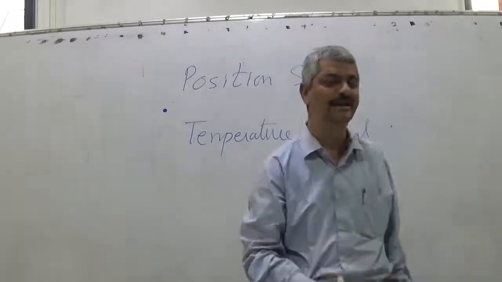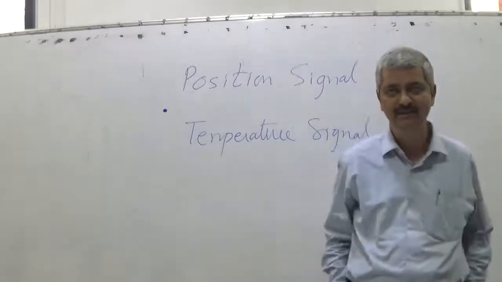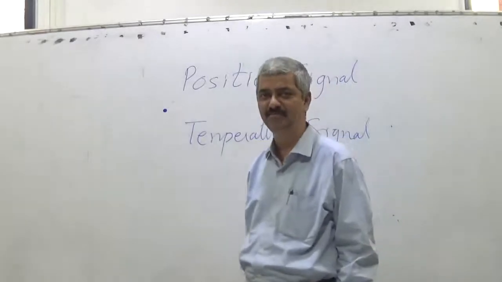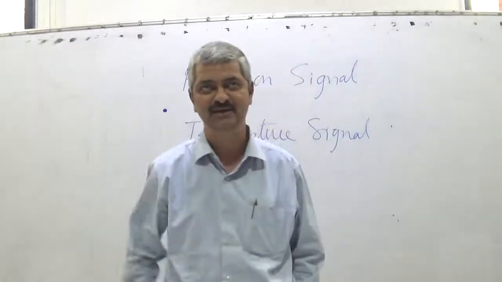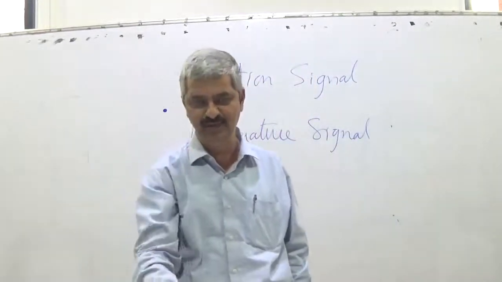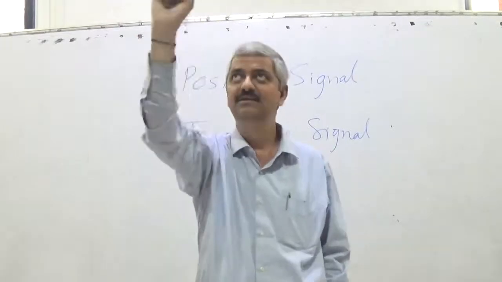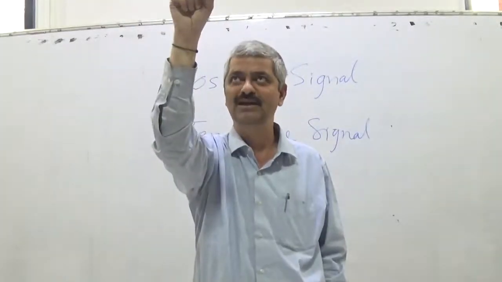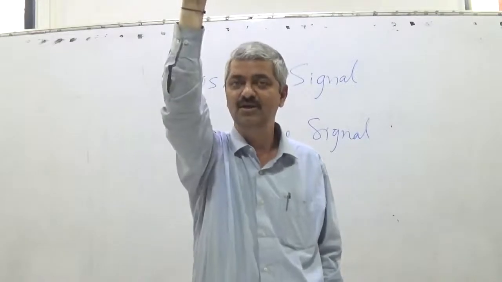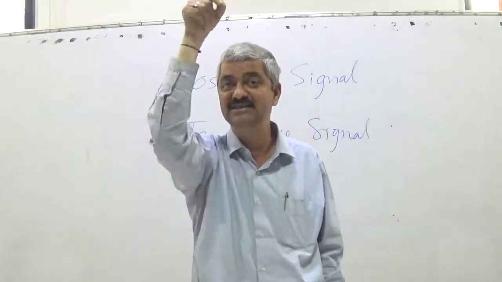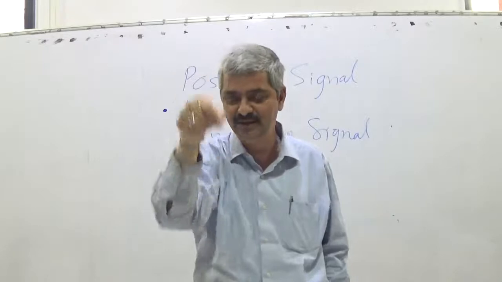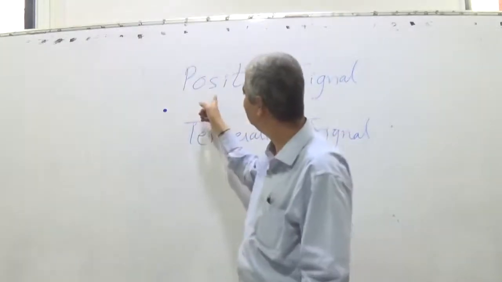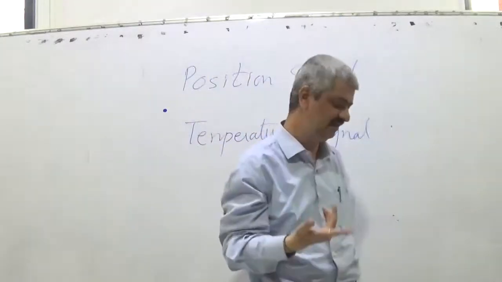Temperature is a one-dimensional variable. A single real number can express temperature. It means, if you have a vertical scale, you can put one point. This is temperature. This is temperature. The temperature is a single dimensional variable. Now, position is how many dimensional variable?